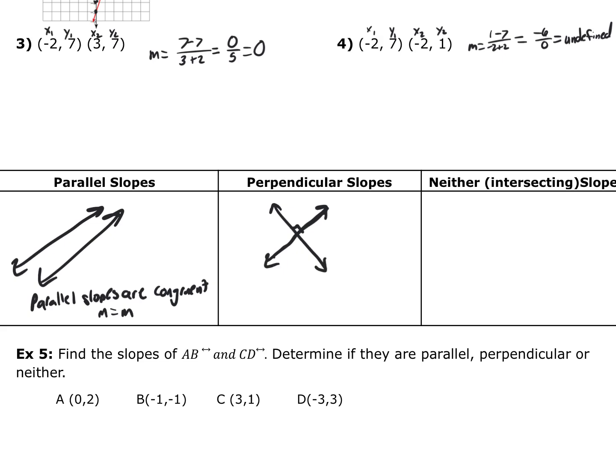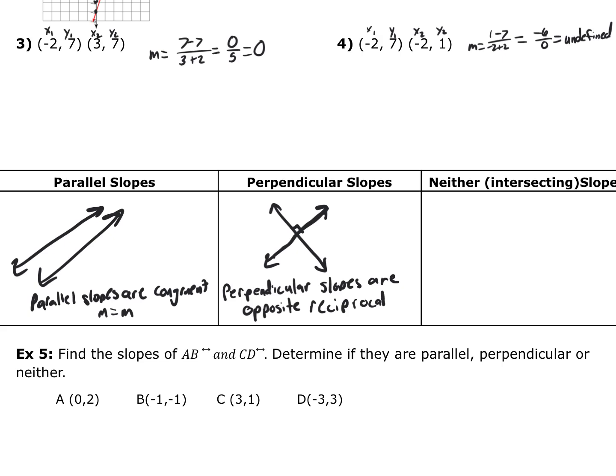All right, and perpendicular slopes, those are going to be opposite and reciprocal. So the opposite reciprocal is always going to flip from negative to positive, and it's going to flip from like 2 over 1 to 1 over 2, or 1 over 5 to 5 over 1.